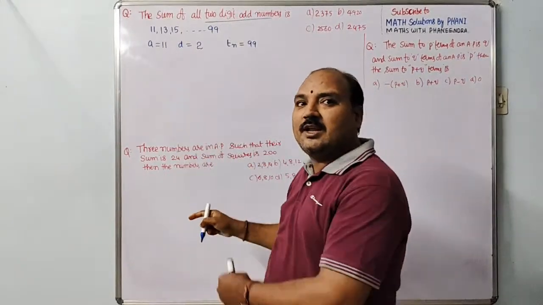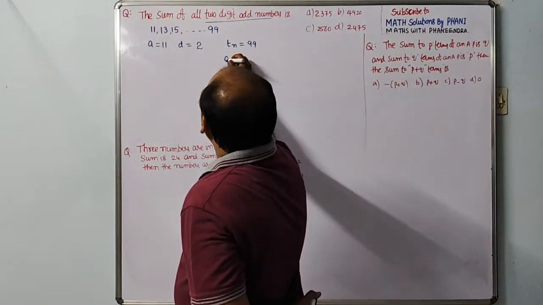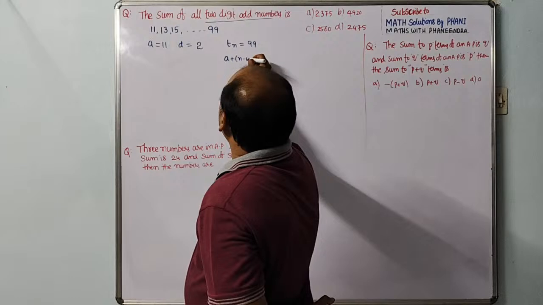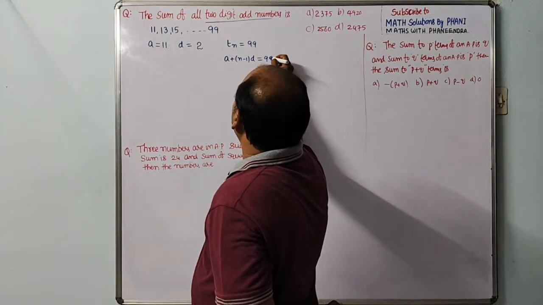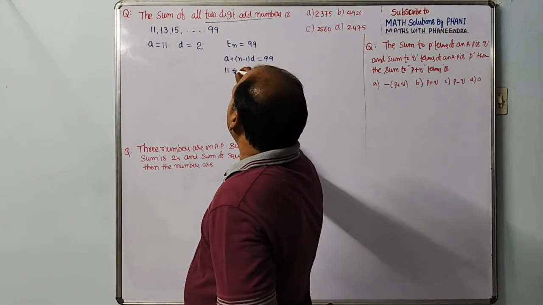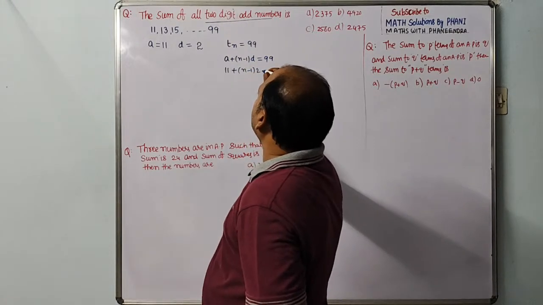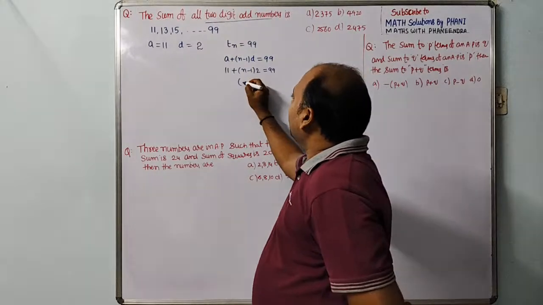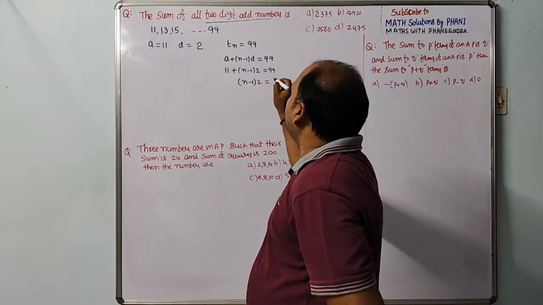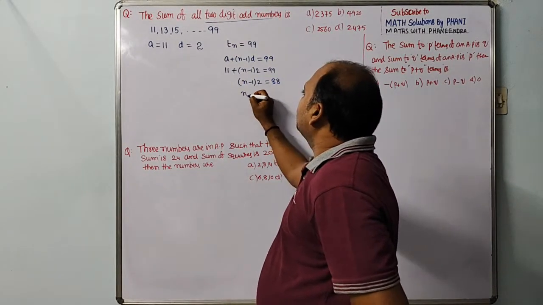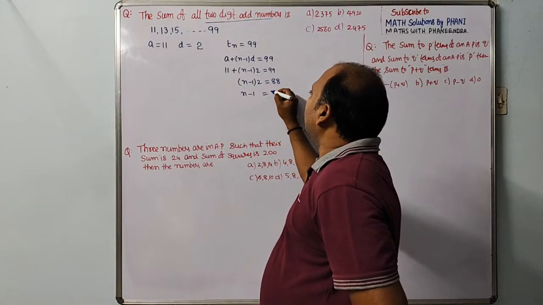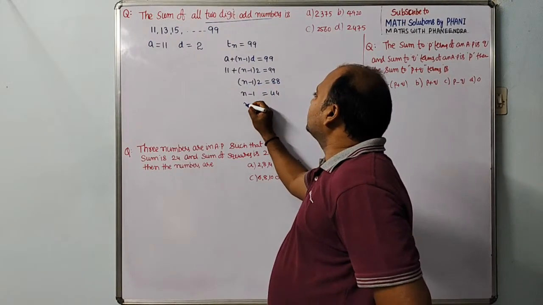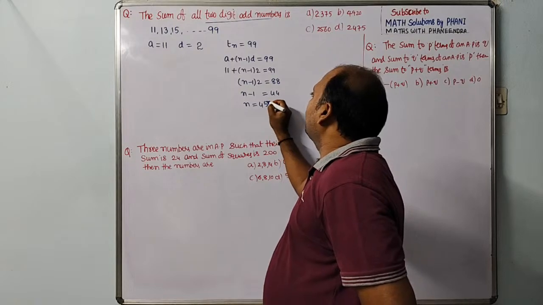Tn means a plus n minus 1 into d is equal to 99. 11 plus n minus 1 into 2 is equal to 99. Bring 11 to this side: n minus 1 into 2 equals 88, so n minus 1 equals 44, and n is equal to 45.